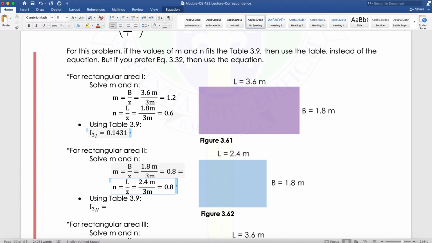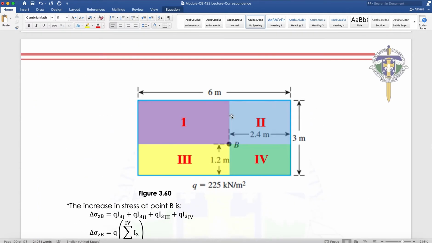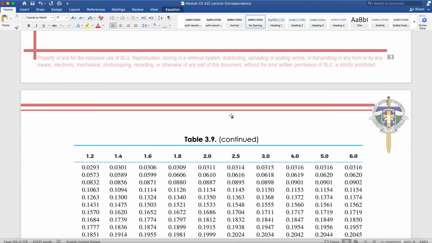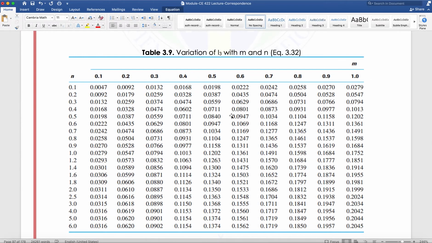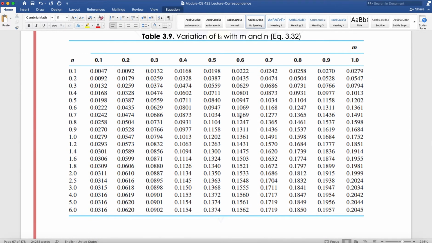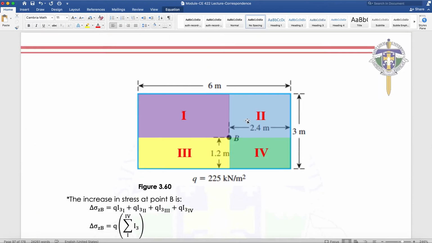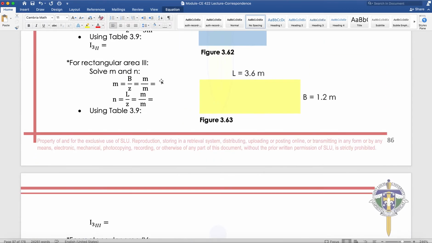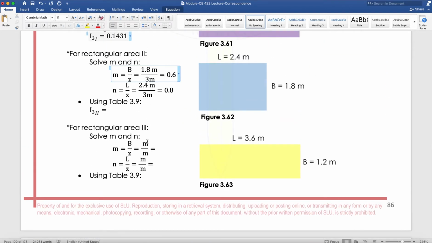Eh, yung 1.8 naman is equivalent to 0.6. So, 0.6 and 0.8. Tignan natin sa table natin. 0.6 yung M and 0.8. So, 0.6 and 0.8 ito. Okay, so we have 0.1247.